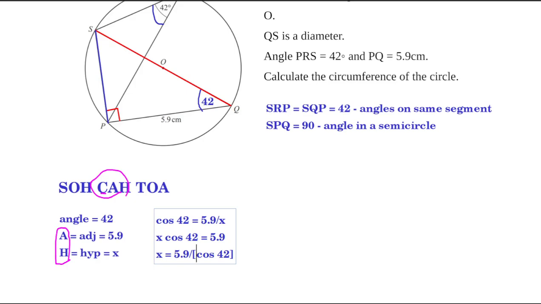Now let's take this into our calculator. Putting this in a calculator, we get x is equal to 7.93923, and this is an irrational number. Let's just leave it like that. Now this is the diameter, so the radius must be equal to half of this.